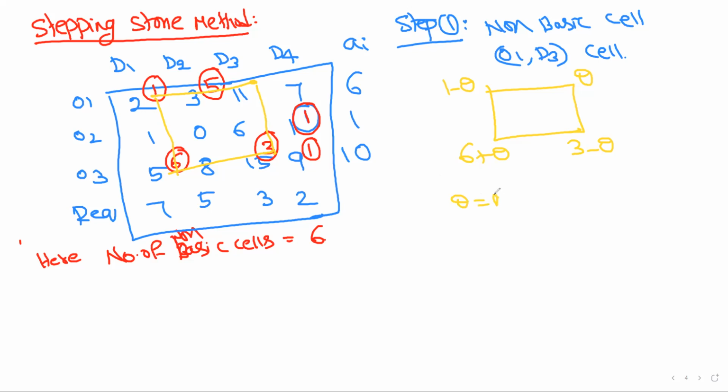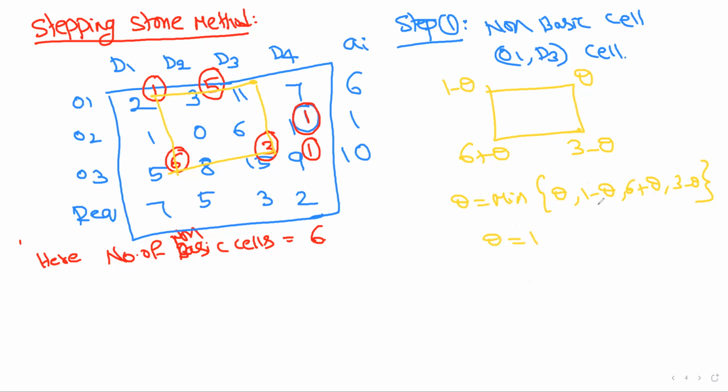Theta is equal to the minimum of 1 minus theta, 6 plus theta, 3 minus theta. I have to give theta a value such that one of the values becomes 0 and the remaining values are positive. So I'm giving theta equal to 1.